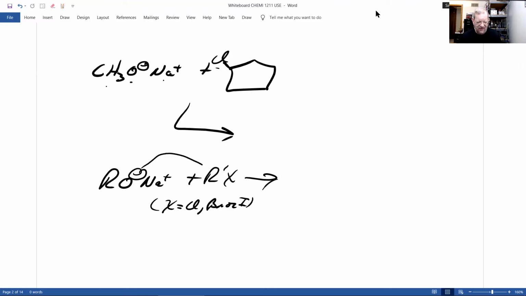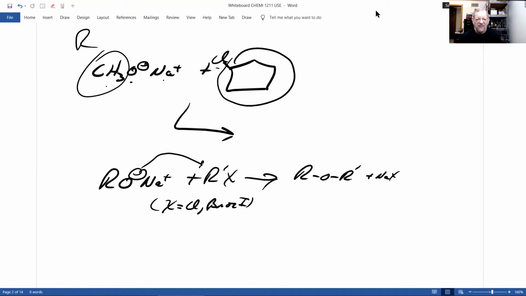And this attacks the carbon with the halogen to form an oxygen-carbon bond. And you don't have to put it there, but I will. And you also make salt. And what's our methyl? What's our prime? The cyclopentane ring. So I have my methyl group, oxygen, and my cyclopentane. And that's the ether you just formed.